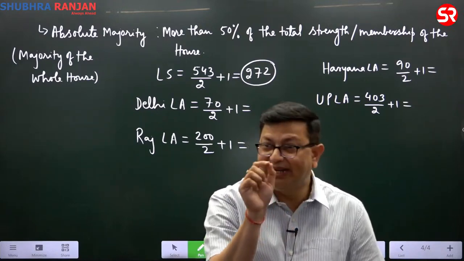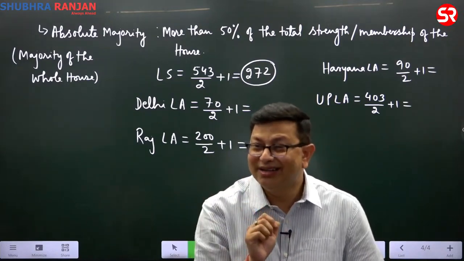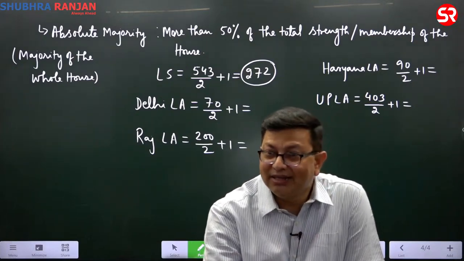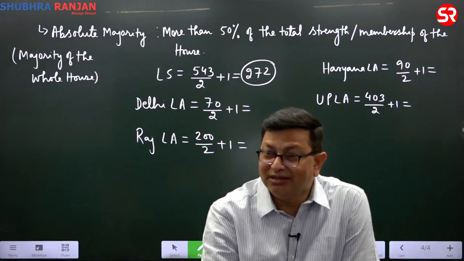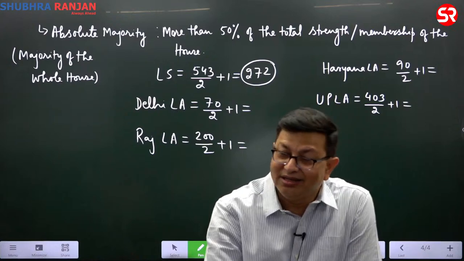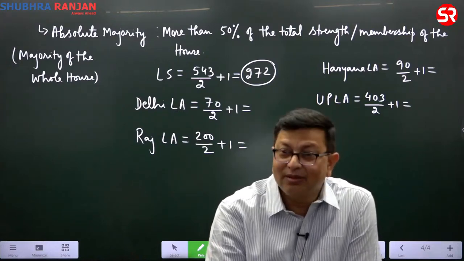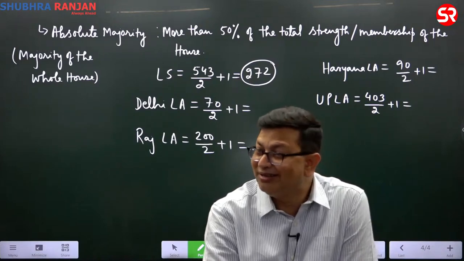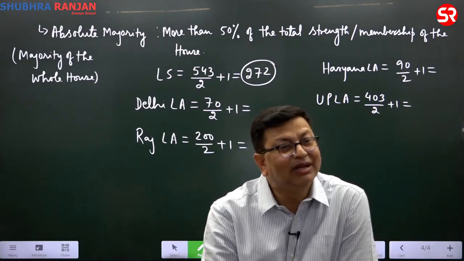So 543 divided by 2 plus 1, that is 272. If a political party or a pre-poll coalition gets 272 seats in the Lok Sabha, then we can say it will form the government. Its leader will be the Prime Minister.